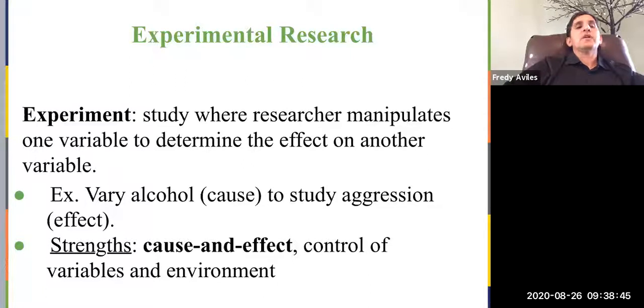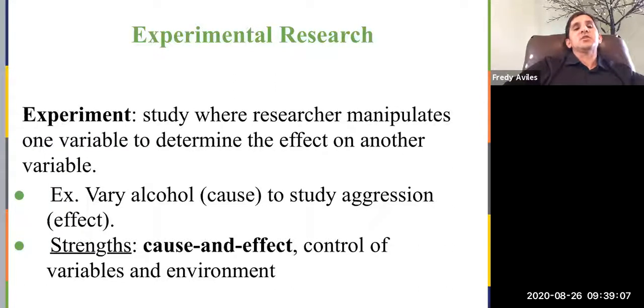Okay. So in an experiment, you actually do something to participants, okay? You actually do something to them. There is some manipulation. Here's an example. An experiment, okay? You vary alcohol to study aggression. That is an experiment.